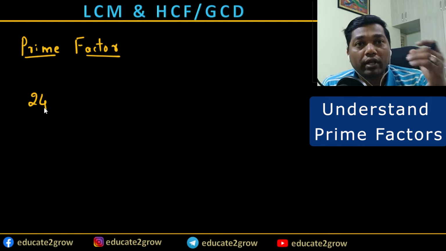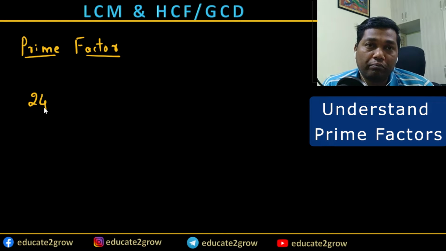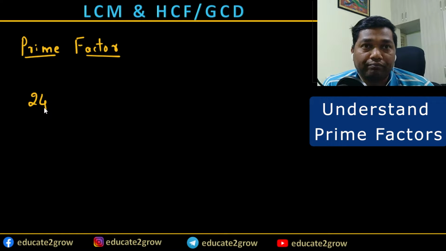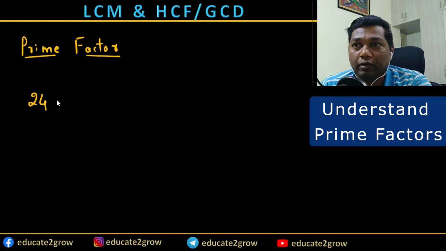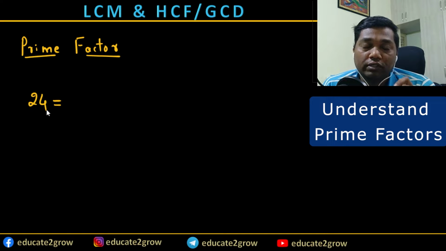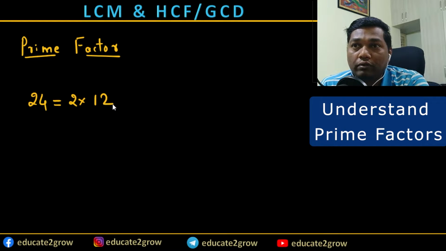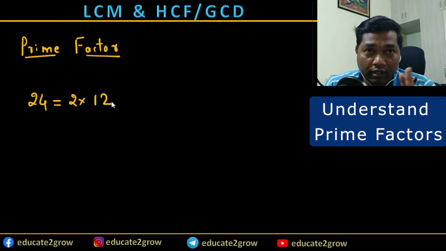How many times we use the prime numbers, those are the prime factors. Let me take one example here. This is 24. I'm going to start with 2, which is a prime number, and 2 into 12. These are the two factors, agree.